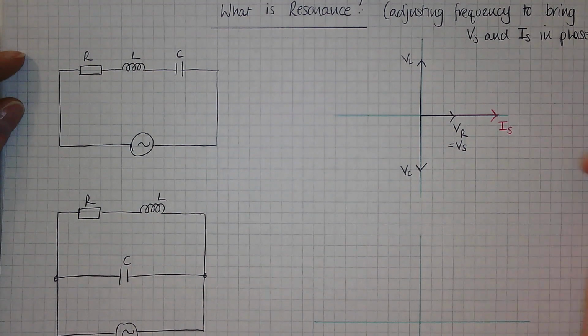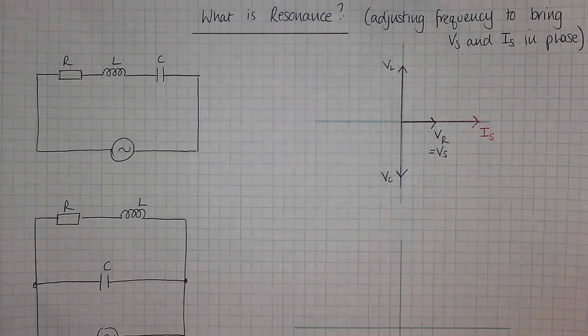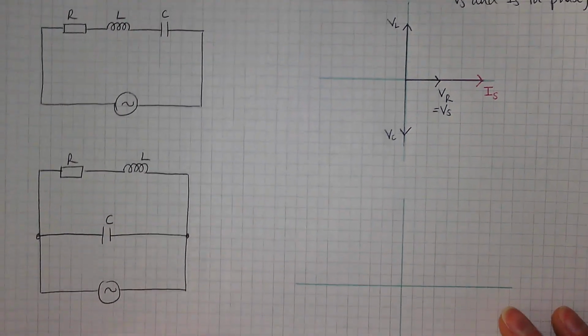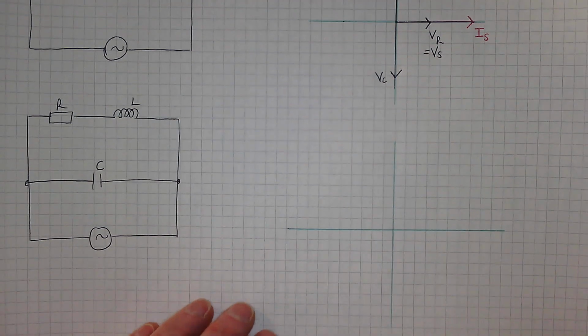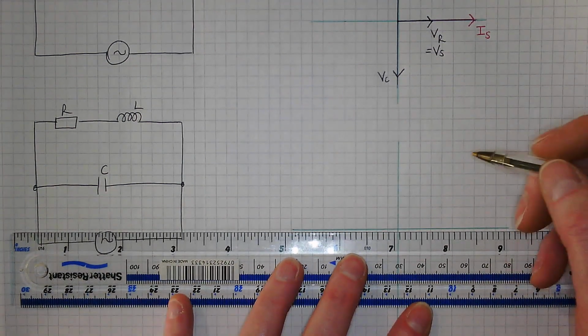And you adjust the frequency to bring your VS and your IS in phase. So for a parallel circuit, it would look very similar in terms of your phasor diagram to what you had for your power factor correction. Again, this time, parallel circuit, use your VS as being your reference.